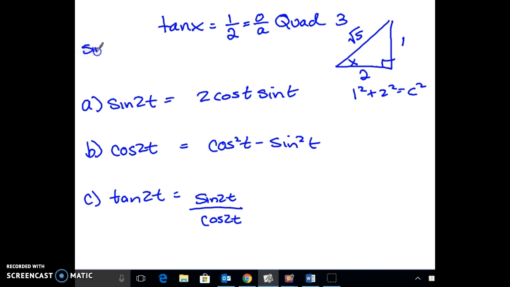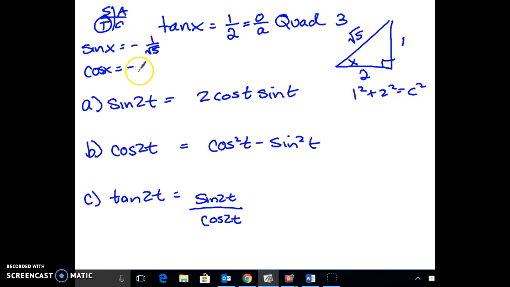So I'm going to write down my ratios for sine and cosine. Now, those will both be negative because I'm in quadrant 3. And when you go back to this stuff, tangent's the only guy that gets to be positive. So I've got sine is opposite over hypotenuse.